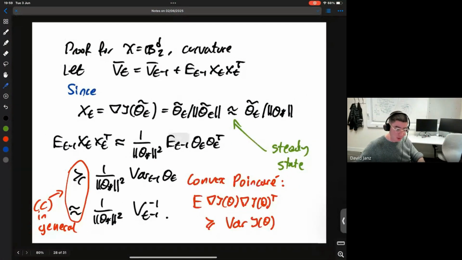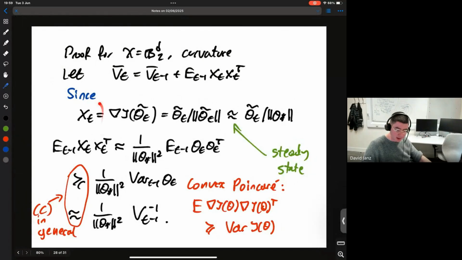Now, since we have a closed form expression for xt, this is just tilde theta t divided by the norm of tilde theta t. And since we've assumed that we're in the steady state where this norm is roughly the norm of theta star, we can actually calculate this outer product. It's 1 over norm of theta star times the expectation of the outer product of these theta tilde t's.